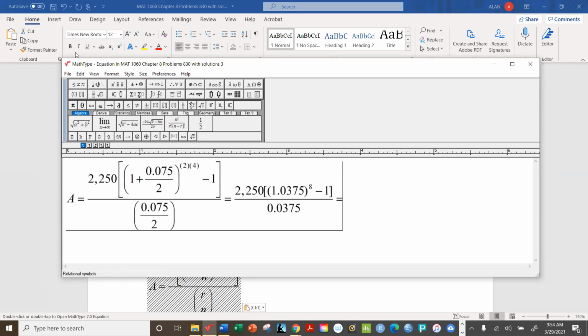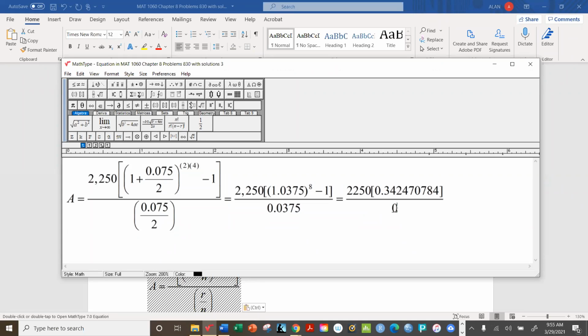All right, so let's see. 1.0375 raised to the 8th minus 1 is equal to 0.342470784, divided by 0.0375.